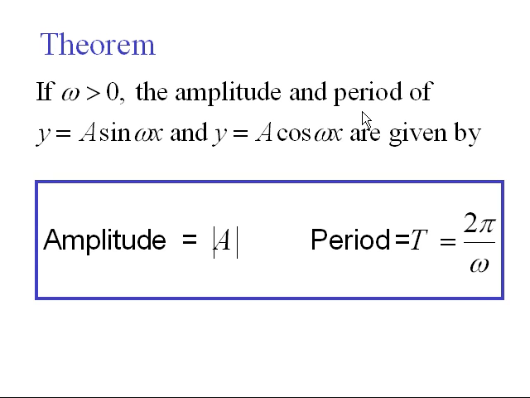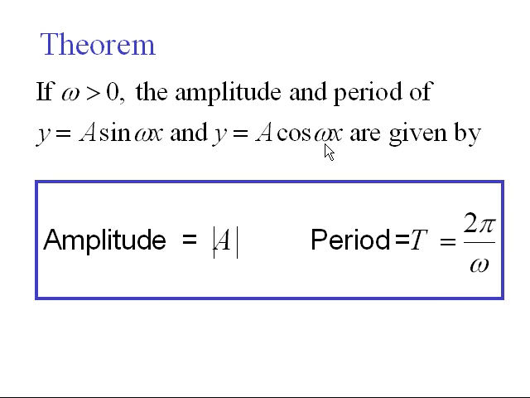Another interesting thing to note is how long it takes to cycle through a set of values and do it again. Sine and cosine are periodic functions. Sinusoidal curves are periodic functions. So we'll identify that in terms of the multiplier omega. Omega times x. Remember how it works when you are multiplying the x-coordinate of a general function graph.